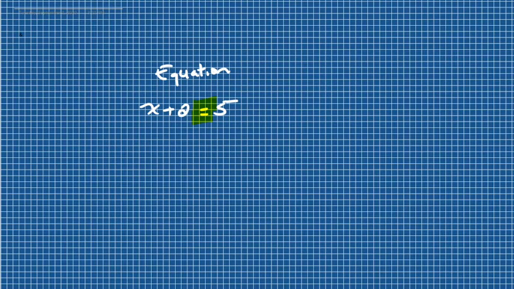And with an equation, I can do certain things, like multiply both sides of the equation by 3, and I could get a whole new equation like 3x plus 6 equals 15, and this would still be true because I've multiplied both sides of the equation by the same number.